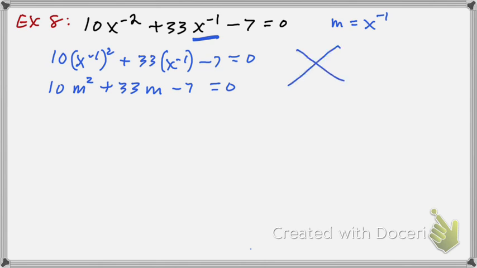So negative 70 when I multiply, and I get 33 when I add them. Two numbers, I multiply them together and get negative 70. I add them and I get 33. Good.